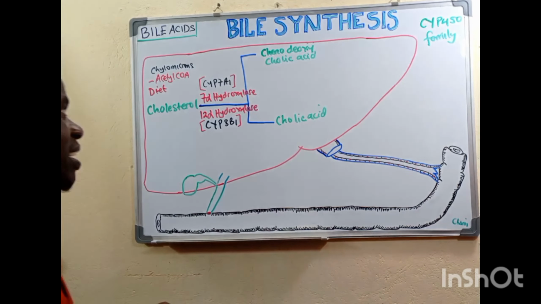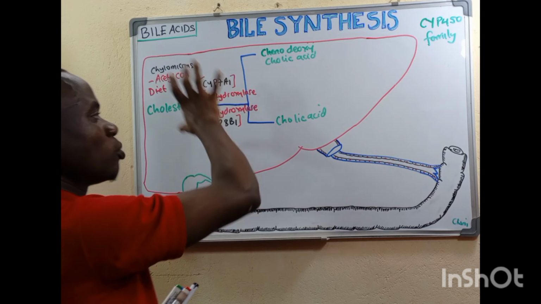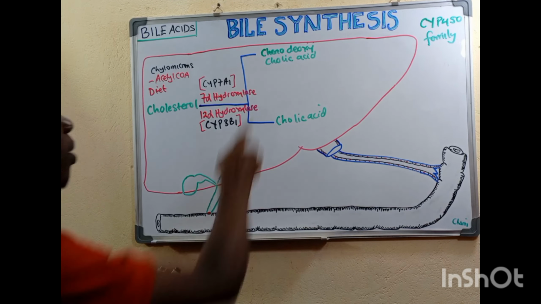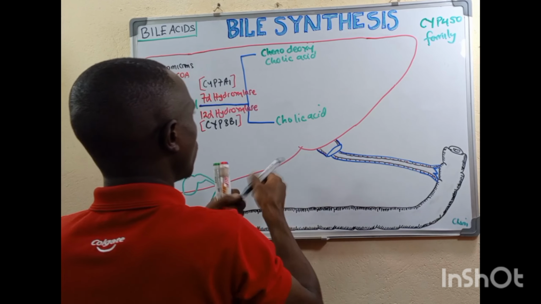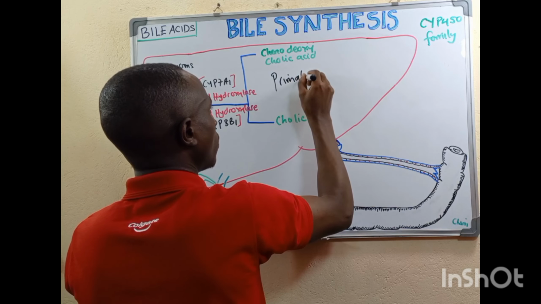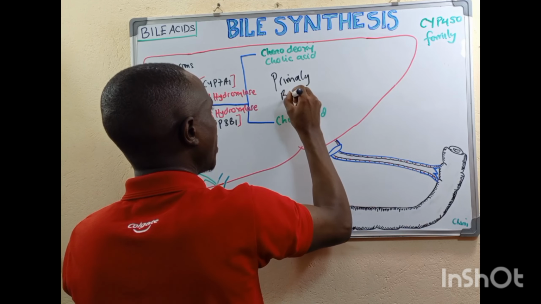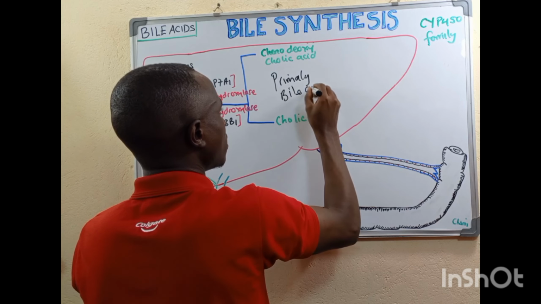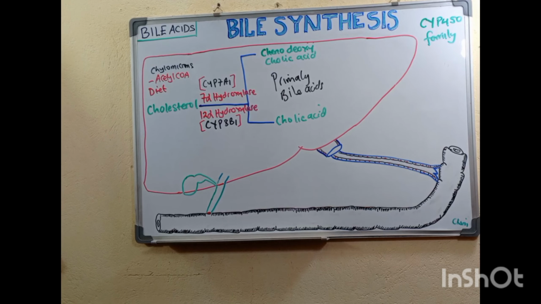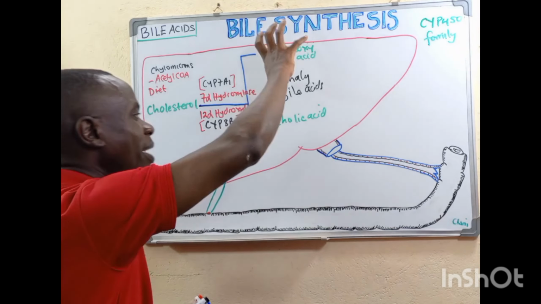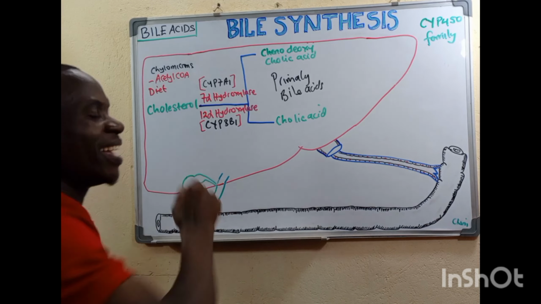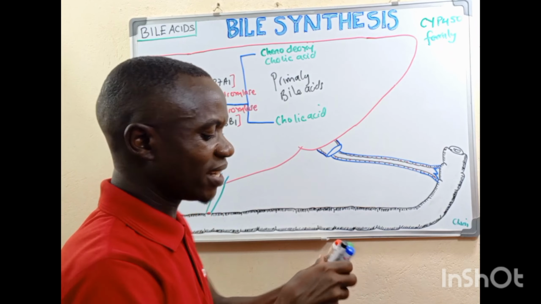These are the enzymes that are going to be working hand in hand to make these primary bile acids. So these ones here are what we call the primary bile acids. Now these primary bile acids are going to be flowing down and enter into what we call the biliary system.